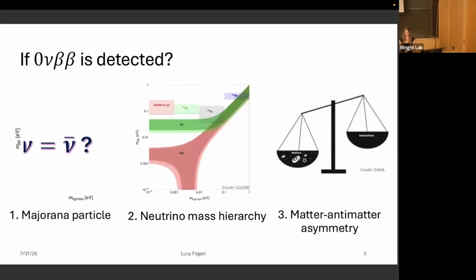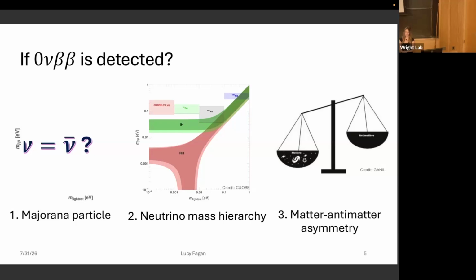And so you might be wondering why we care about this decay. It has lots of different implications. The first one being it would prove that the neutrino is a Majorana particle, so it would be its own antiparticle. Next, it would tell us about the neutrino mass hierarchy, like I showed before.